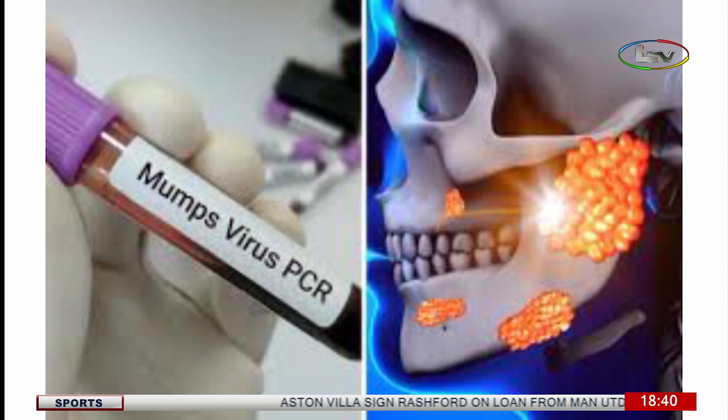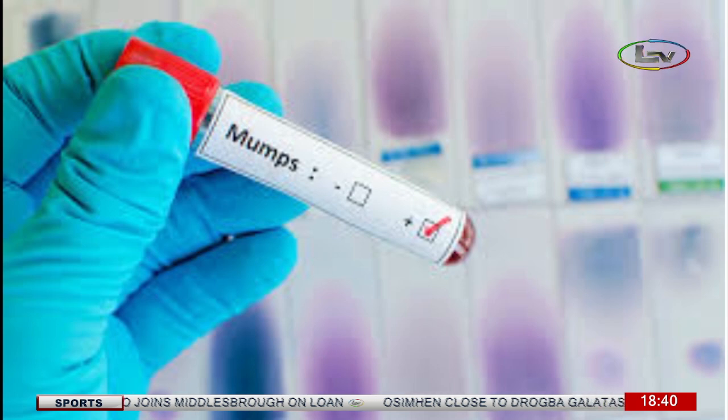Treatment of mumps is mainly symptomatic, and what you do is when the patient comes, you advise to have plenty of rest. Then also, the patient should take enough fluids to prevent dehydration.